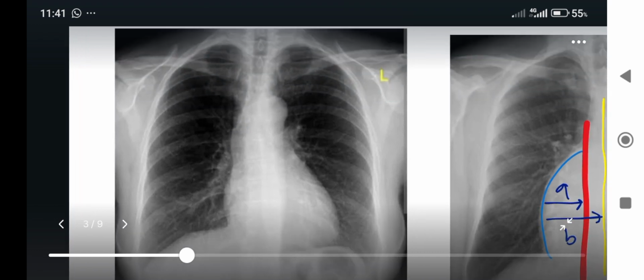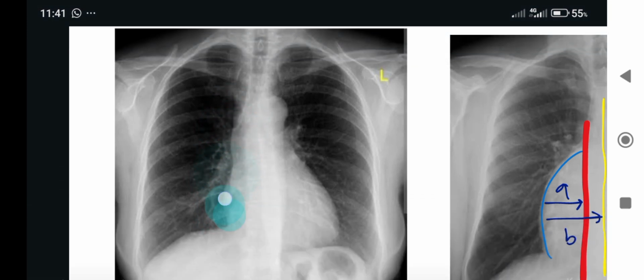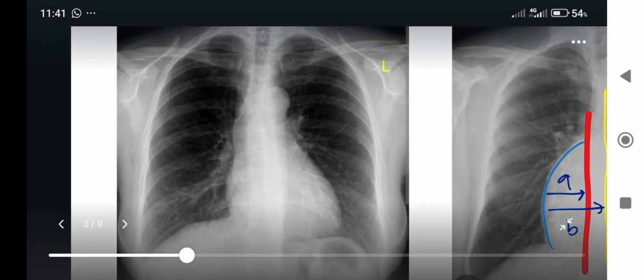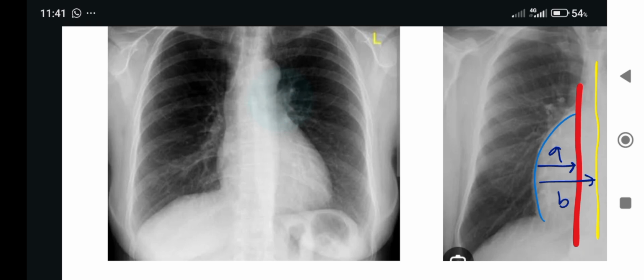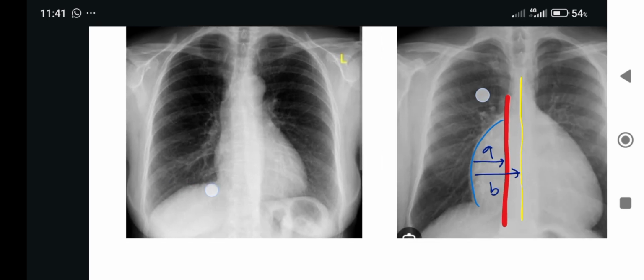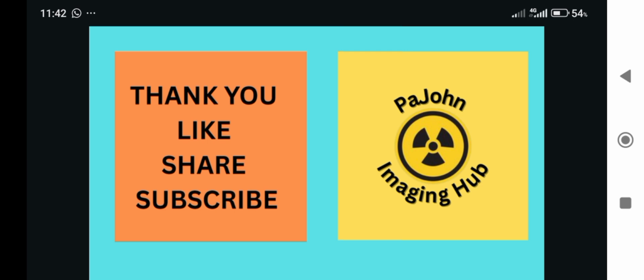So this border you're seeing is right atrium. This border you're seeing is left ventricle. It is very important. But in lateral chest X-ray, you can now appreciate the other borders of the heart. Let's bring us to the end of this lecture.